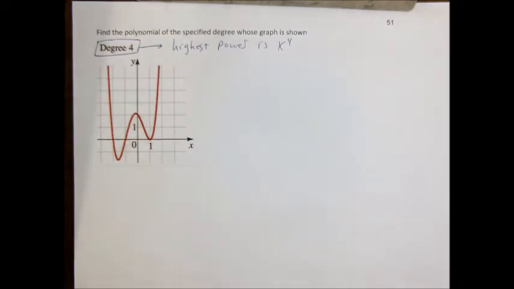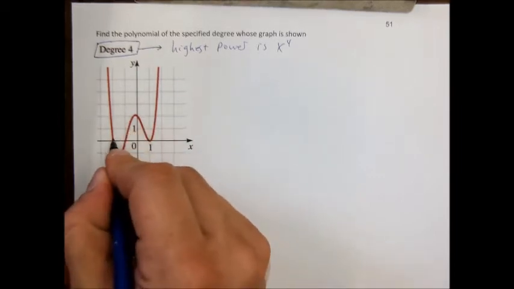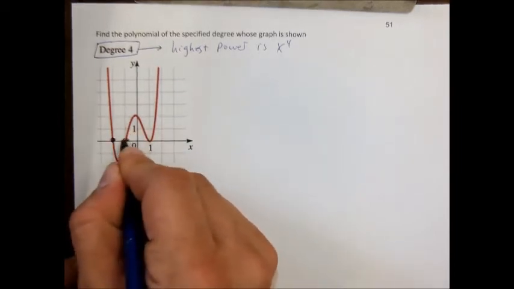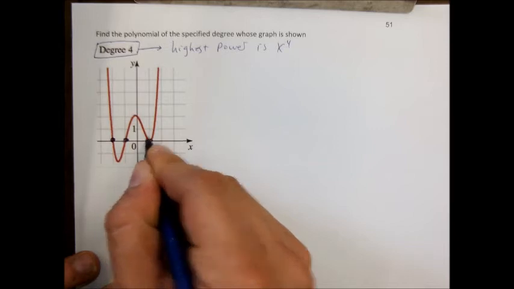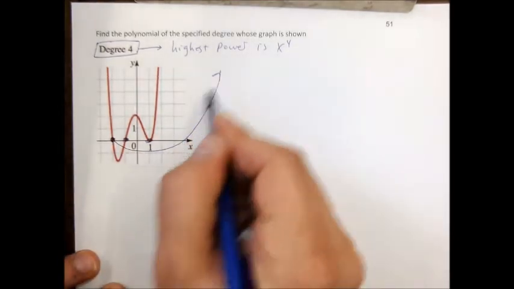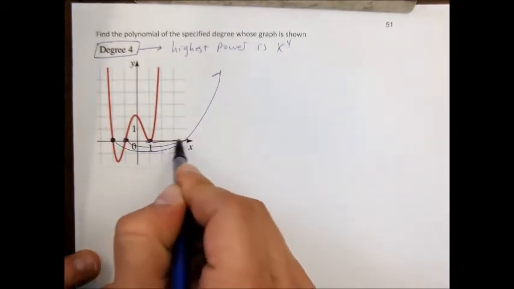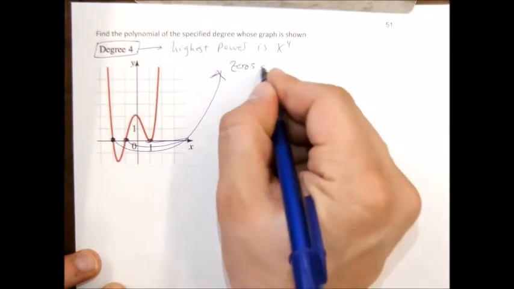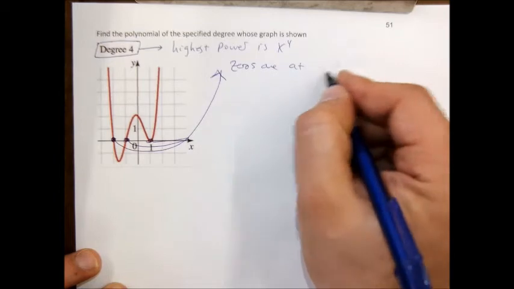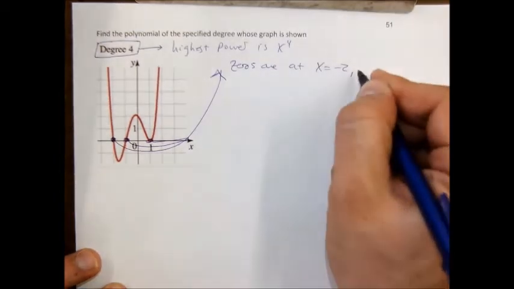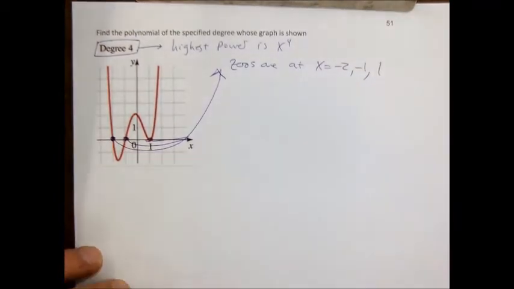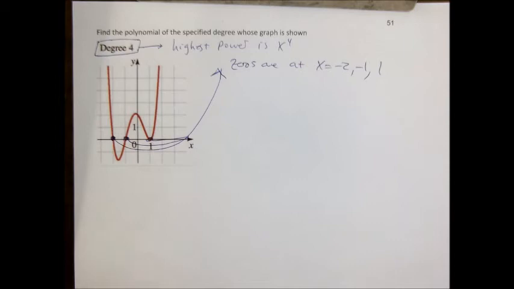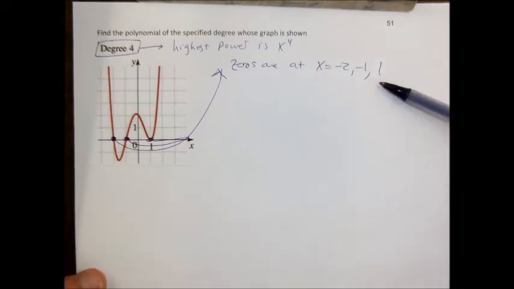And you can just look at the graph and see what the zeros are, right? I'm going to draw them on here. Here's one of them. Here's another one. And here's a third one. So these 3 zeros, we can just look right at the graph, and we see that the zeros are at x equals minus 2, minus 1, and positive 1. And now this is a problem just like the last page.